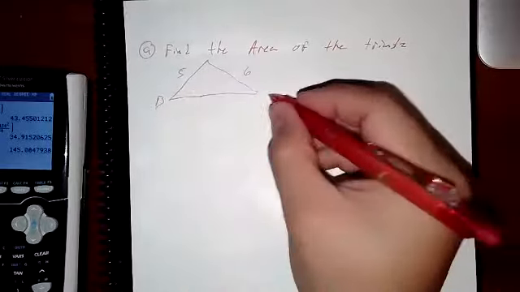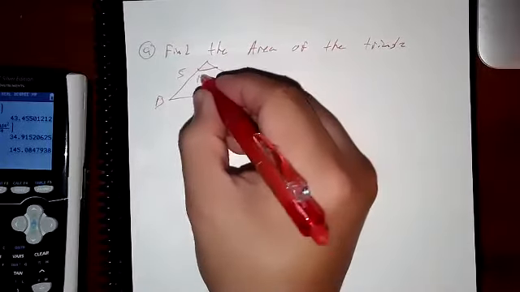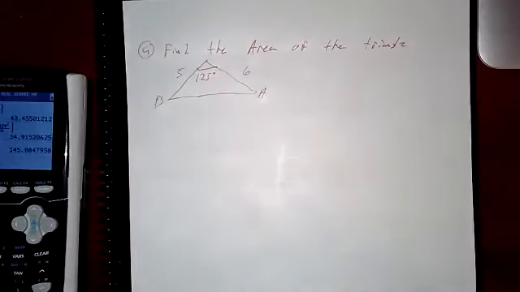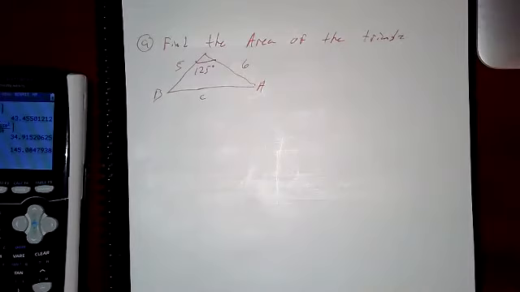We don't know B or A angle, but we know that this one is 125. We don't know little c either. All right, so we need the area formulas. Let me go find them. That was 9.4, I believe. Yeah, here it is.